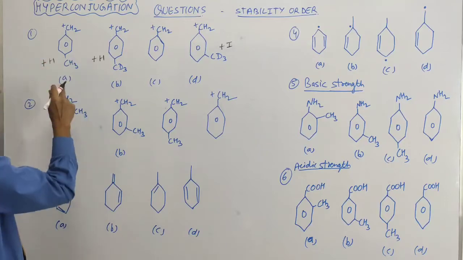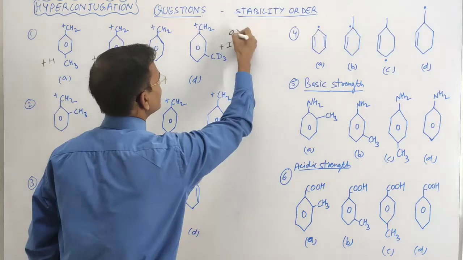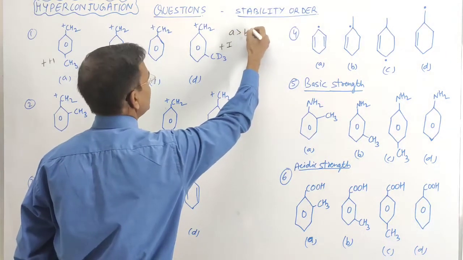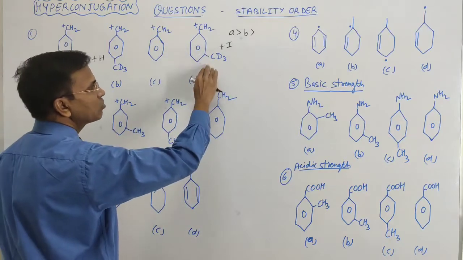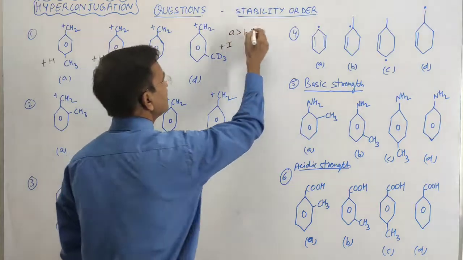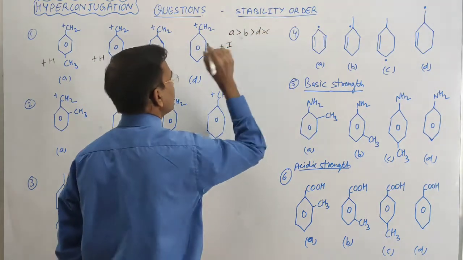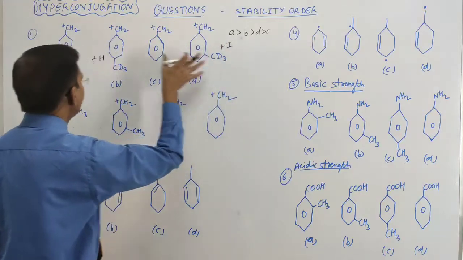So A is more stable than B. Then the plus I effect, an electron releasing effect, makes the carbocation more stable. So here it is D option and then the C option, right? So this is the stability order of the first question.